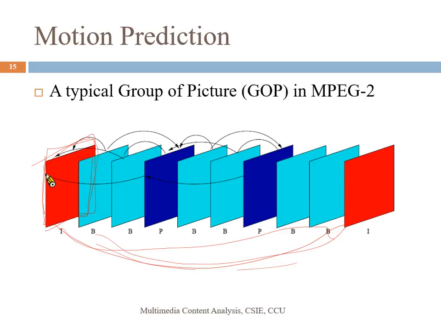And between two I frames, there will be several P frames. P frame uses motion estimation predicted from the previous I or previous P frame, so it's a forward predicted frame.